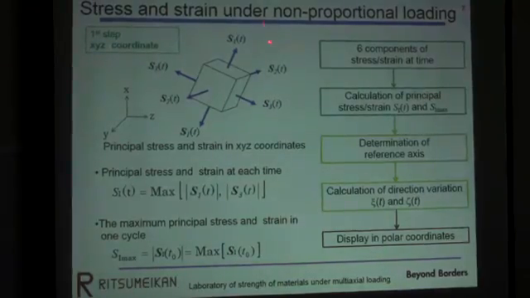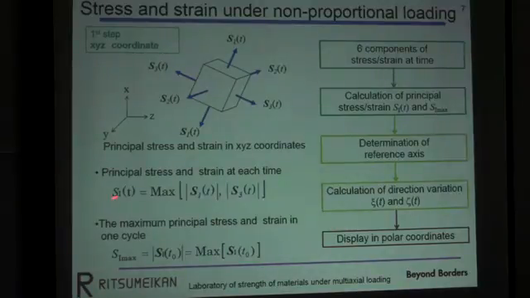There are three steps here. In the first step, after we obtain the stress or strain as a function of time, we evaluate the stress and strain. In this slide, S means stress or strain. At each time, we choose the maximum amplitude of stress or strain.